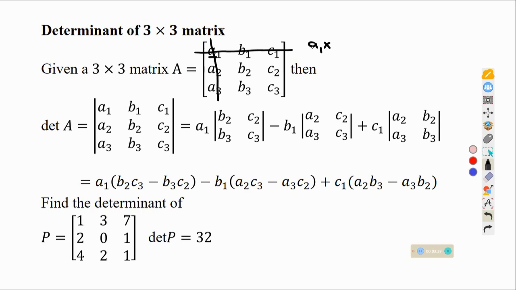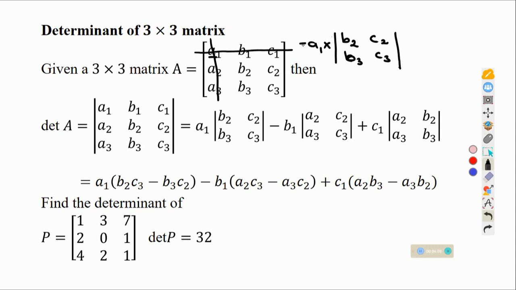So you will simply get the first element, which is A1, and multiply it with the determinant of the entries that remain when you have eliminated the row and the column where this A1 lies. So when we eliminate the row and the column where A1 lies, we shall remain with B2, C2, B3, and C3. That is what we remain with.